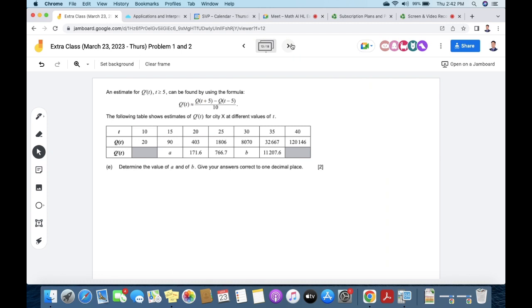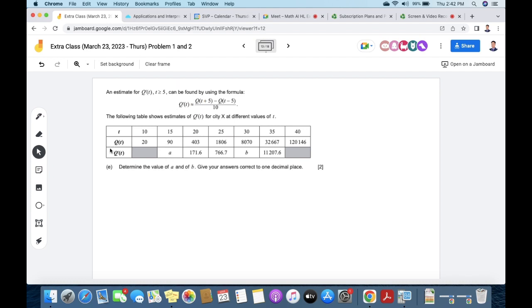Okay, so letter E is just a simple substitution. To solve for A and B, we just have to follow this formula. This formula tells us that the value of q prime of t will just be the q of t plus 5 subtracted by the q of t minus 5, over 10. That's the value of q prime of t.